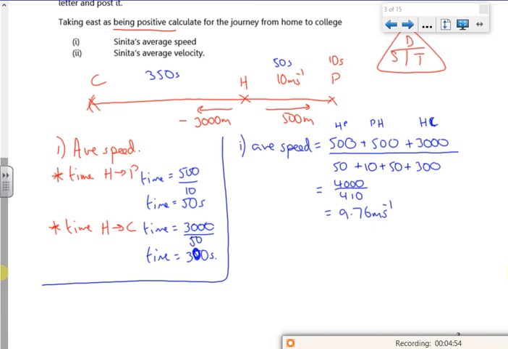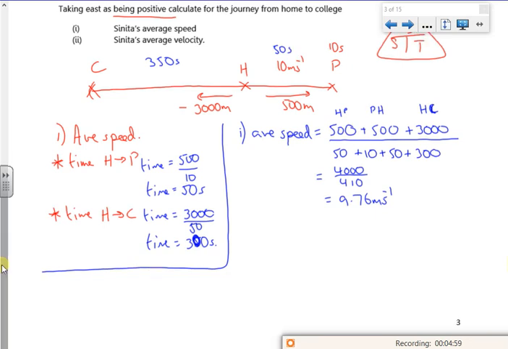Now that's not bothered about the direction. Right. Let's have a look at the velocity now. So in terms of the velocity, if you think from the house, I'm 3,000 metres away by the time I've got to the college. So I'm not bothered about going to the post office and back.